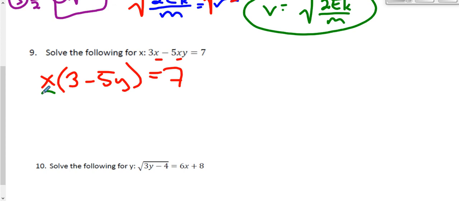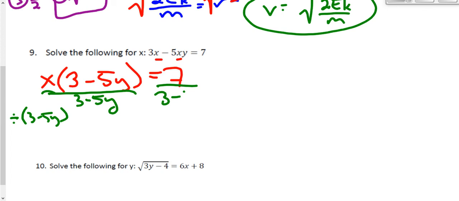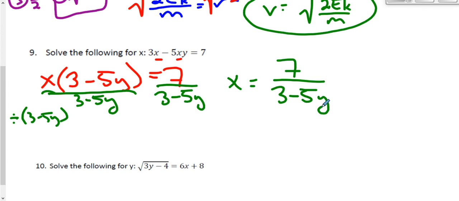So now if I look at what's happening to x, x is being multiplied by 3 minus 5y, so I can undo that by dividing by 3 minus 5y. So I'm going to divide both sides by 3 minus 5y, and I actually will get x completely alone. That was it. So factoring was what had to happen there because x was in more than one spot. So x is equal to 7 divided by 3 minus 5y, and that guy's all done.